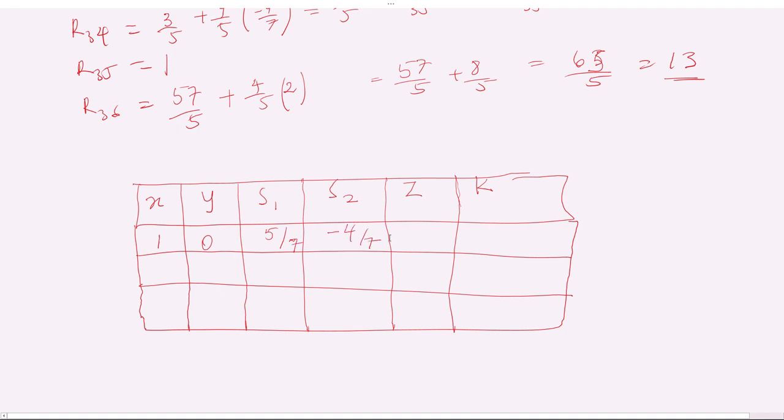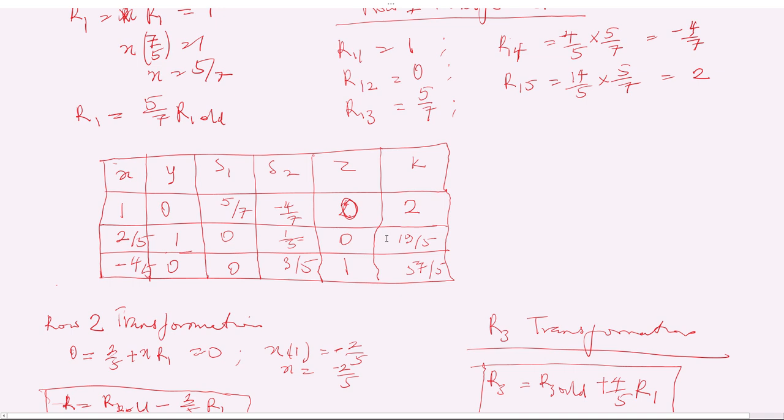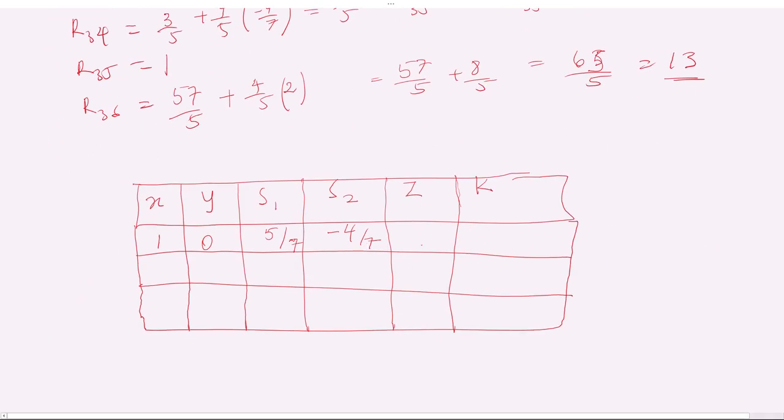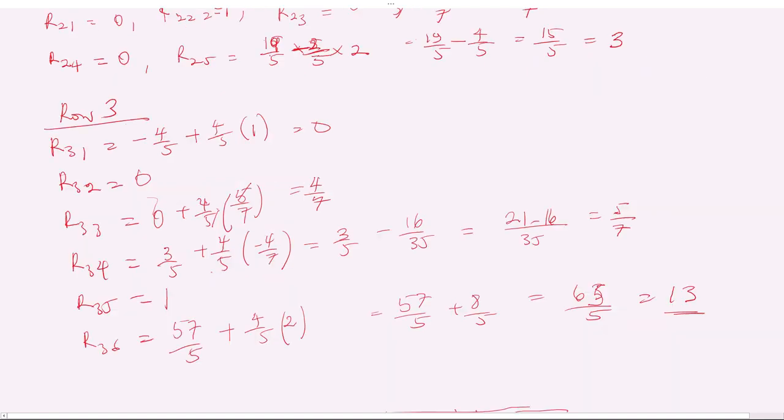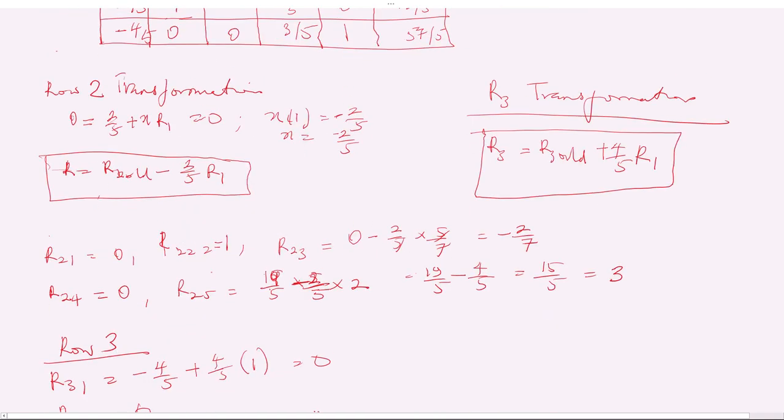Z, what is Z doing here? Z is 0 and 2. Then this is 0, 1. Well, let's check in terms of 2, 0, 1 minus 2 over 7, 0.